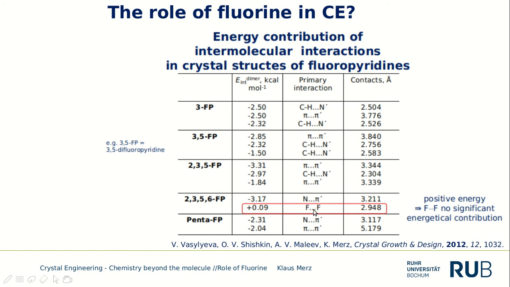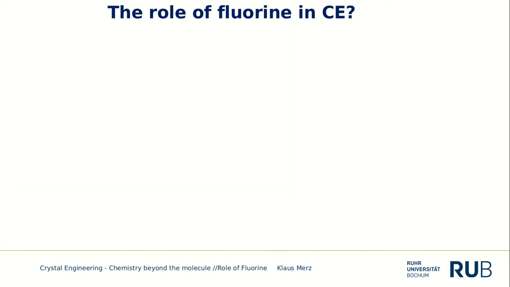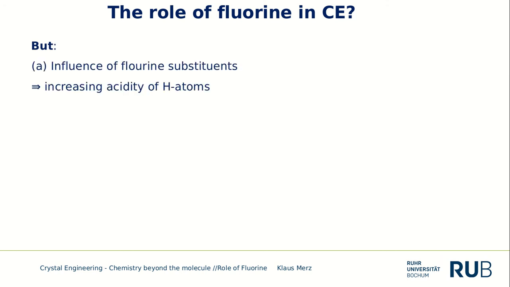And I've shown you very nicely, for example, that the F...F intermolecular interaction has a positive value, which means, first of all, there's no significant energetic contribution, and you can see this is repulsive, not attractive, it is repulsive forces. Okay, now it's coming, but you can use it.